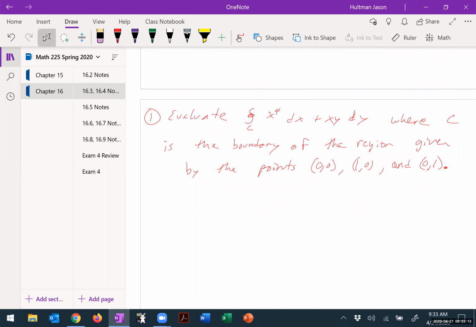So what does this region look like? Well, the region is a triangle.